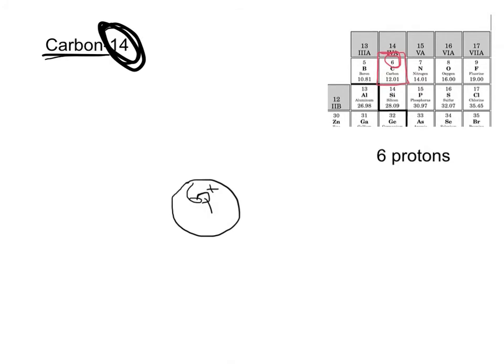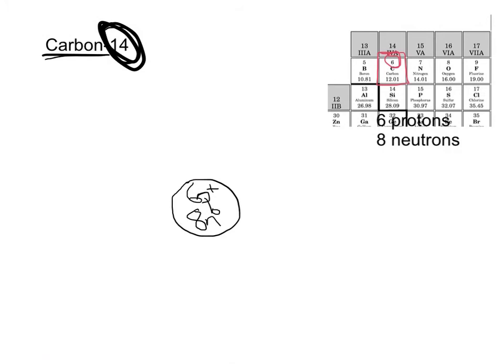And that answer is 8. 8 neutrons. Neutrons have no charge. 8 neutrons in the nucleus, 6 protons in the nucleus, giving us an atomic mass of 14 for this particular isotope of carbon.